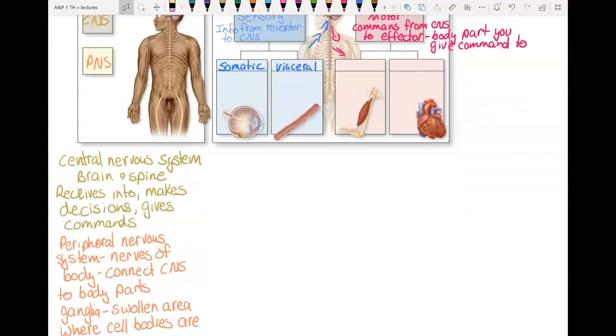Okay, somatic is the stuff that you know you know. It is conscious. You have conscious awareness. Visceral is subconscious. It's the stuff you don't know you know.